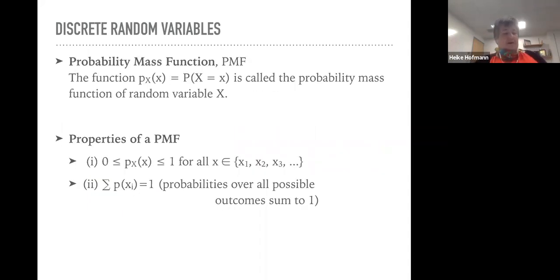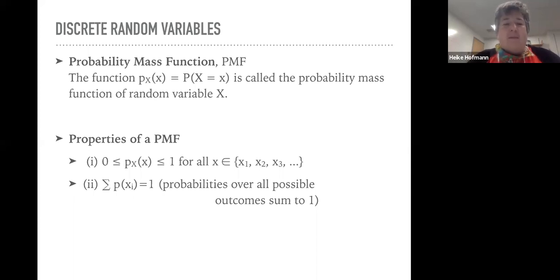So once we've got these random variables, we want to come up with essentially a table of how likely each one of the outcomes that X can take is.